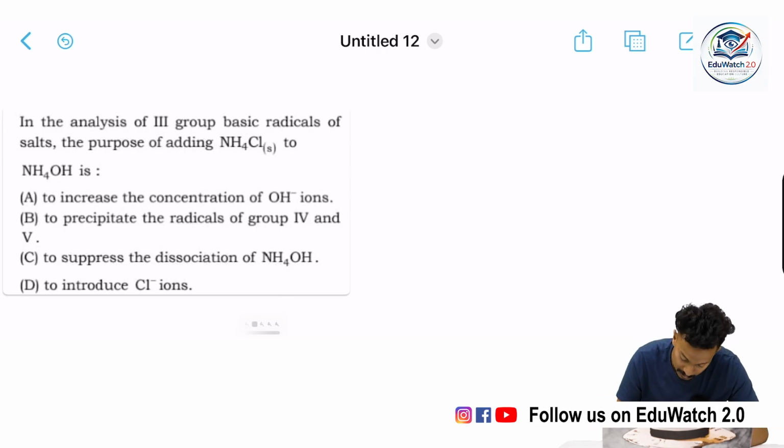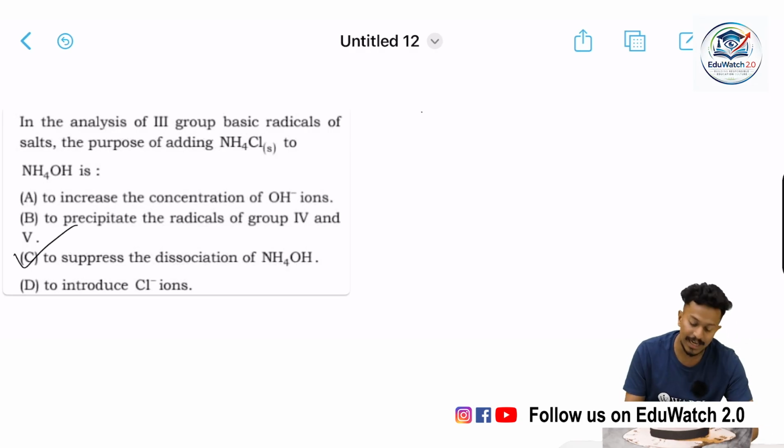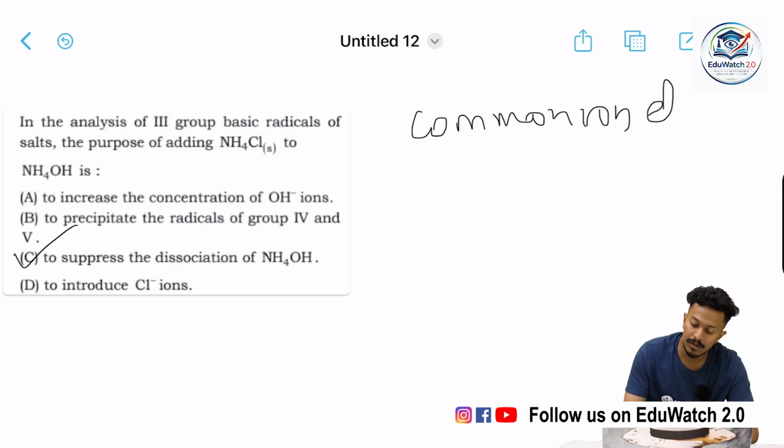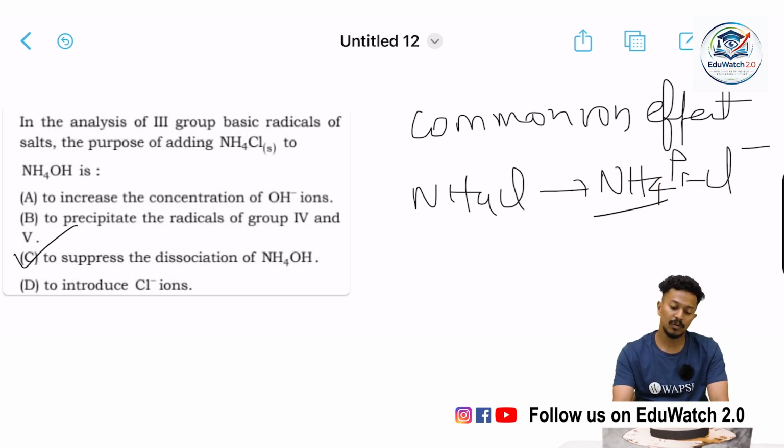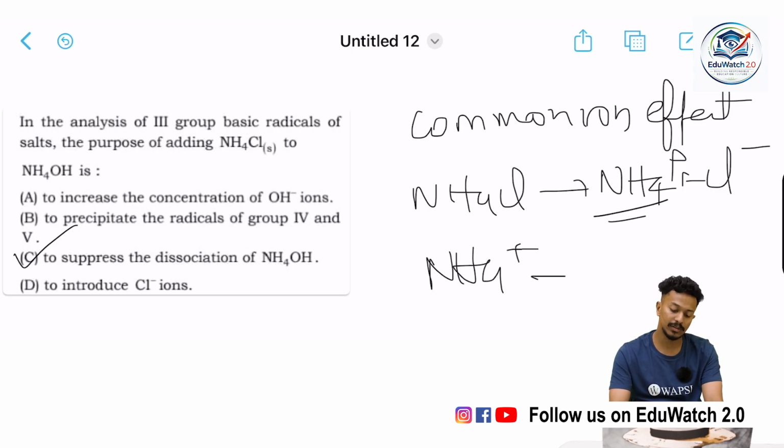So the correct option would be to suppress the dissociation of NH4OH. Yes, common ion effect, where NH4Cl gives NH4 plus and Cl minus. This is used to suppress the dissociation of NH4OH, right?